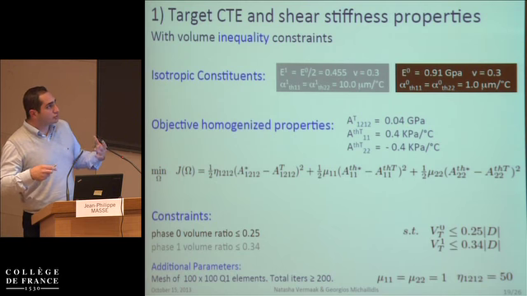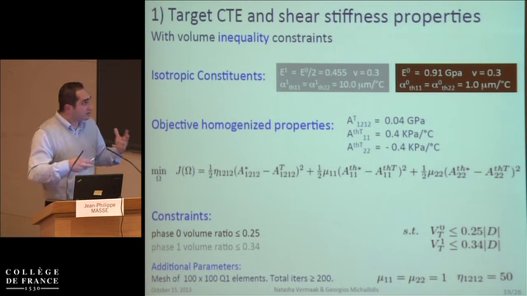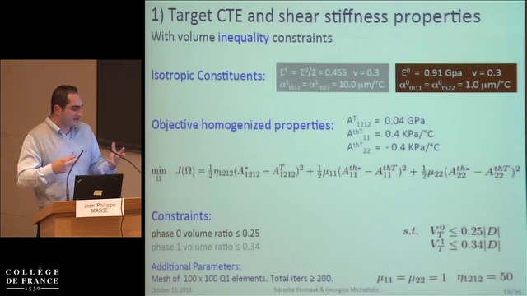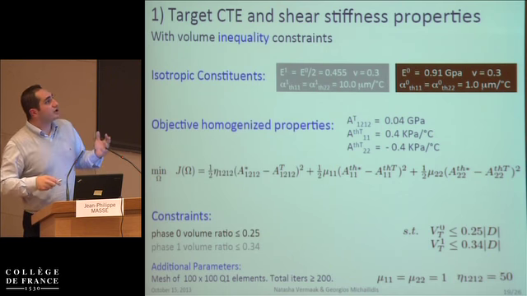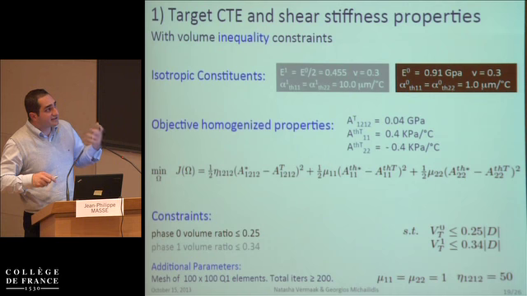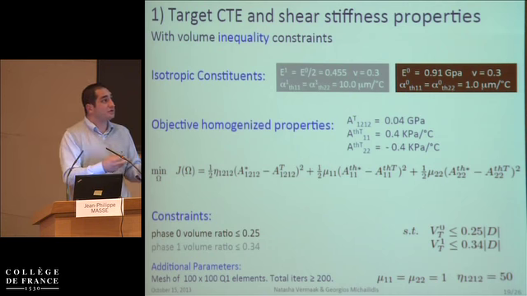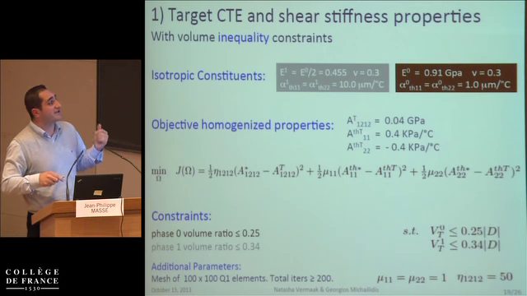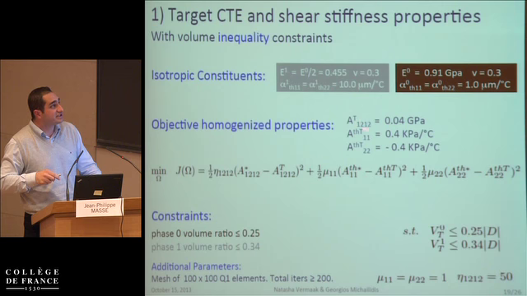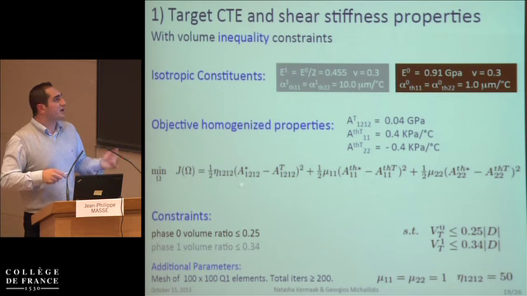And we want to mix them in order to find the unit cell configuration which will give homogenized coefficients that approach as much as possible these target values here. So we care about the shear stiffness of the elasticity tensor and about the coefficients of the thermal strain tensor.